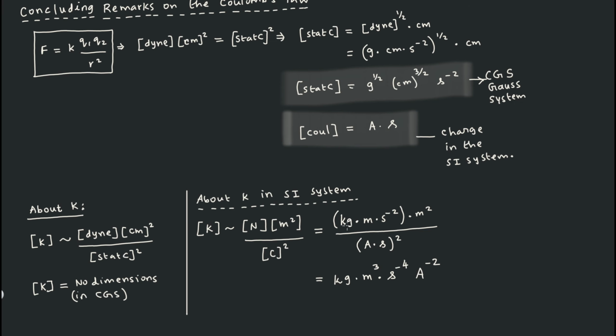I think it's correct, right? You can verify. So 1 kilogram is here. Yeah, that's correct. Meter to the power 3 and so on. And that's all. We have completed this. So let us write down that this is the dimension of K.